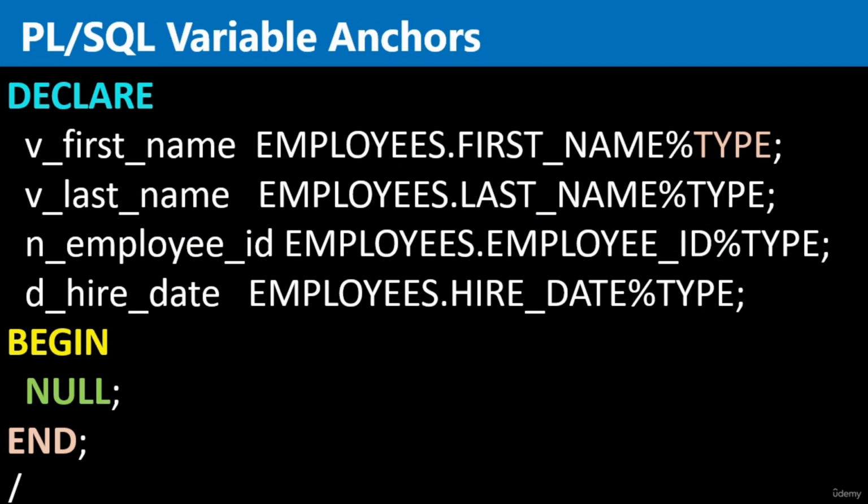So in the example here, where we have v_first_name, if the data type in the database changes, this will automatically also change. By having the %type here, it means that anytime the data type changes in the column inside the database, it will also automatically change here.